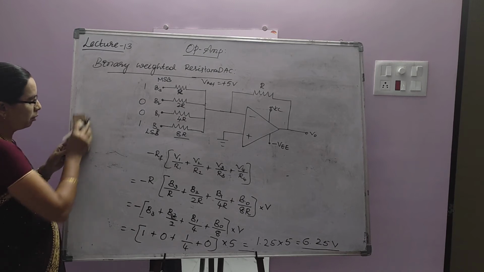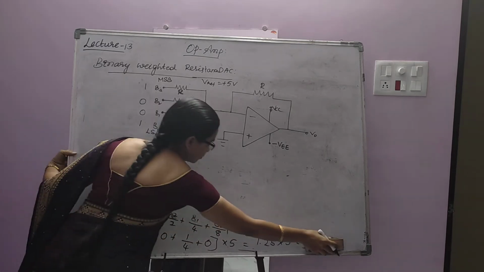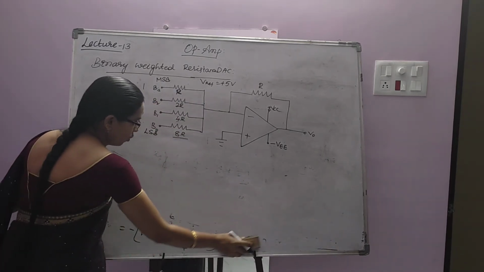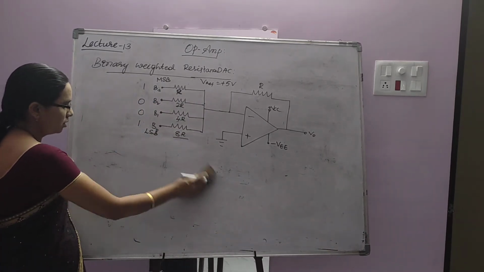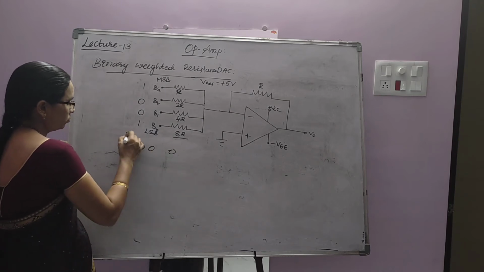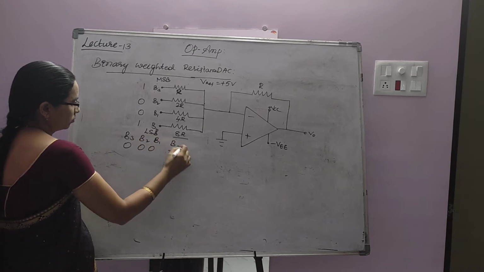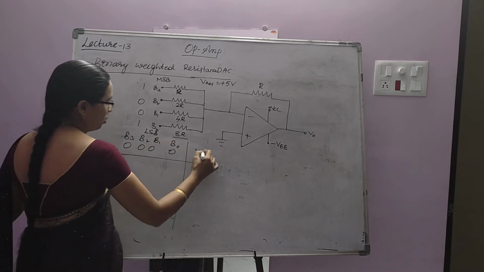Make a table for all the possible 16 inputs. For 0, 0, 0, 0, what will be the V out?